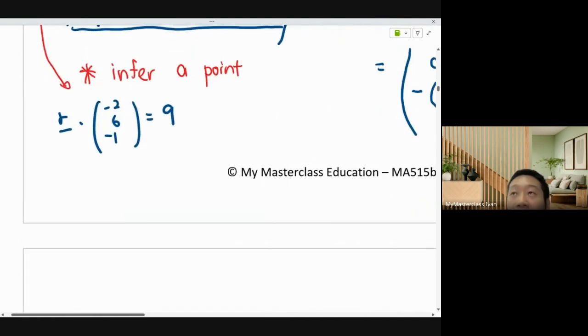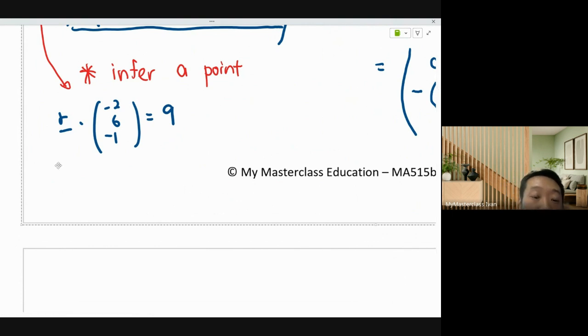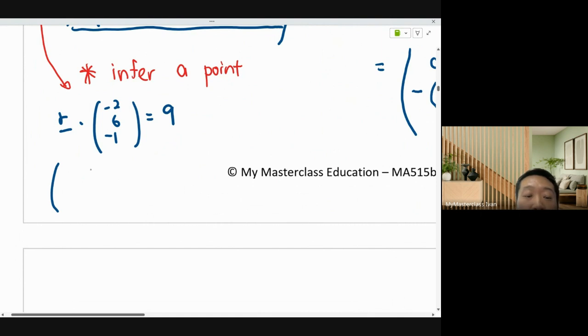Okay, it's like a trial and error. It's like anything actually can do. Okay, then you write down. So if I want three things, right, dot minus 2, 6, minus 1 can give you equals to 9, right? Okay, then this point will lie on the plane.